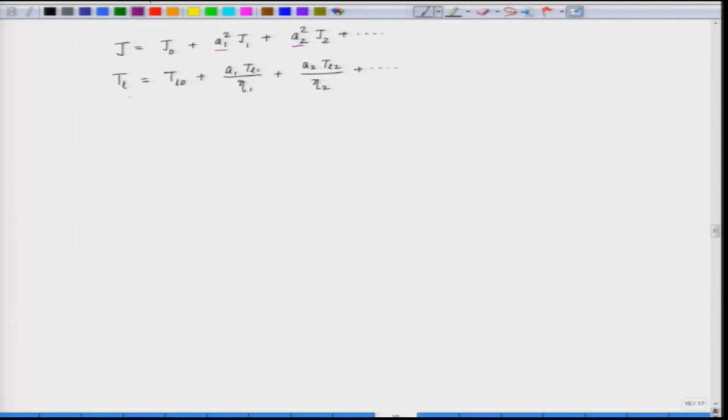Similarly, the equivalent load torque is equal to T L naught plus A 1 T L 1 by eta 1, where eta 1 is the efficiency of gear 1, plus A 2 T L 2 by eta 2 and so on. If you have more than one gear, we have more than one term, and this can be extended to n number of gears.